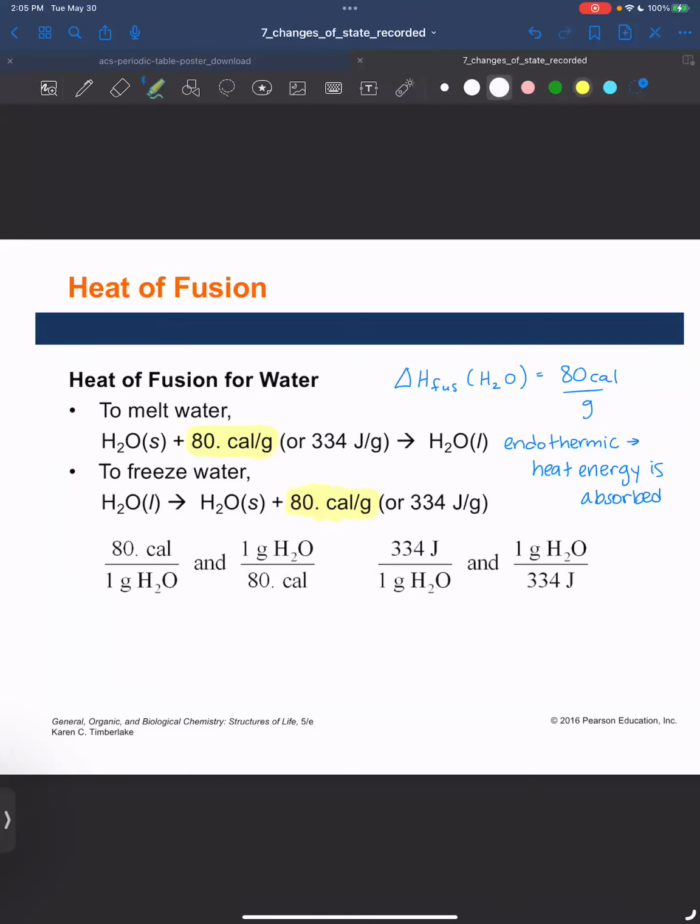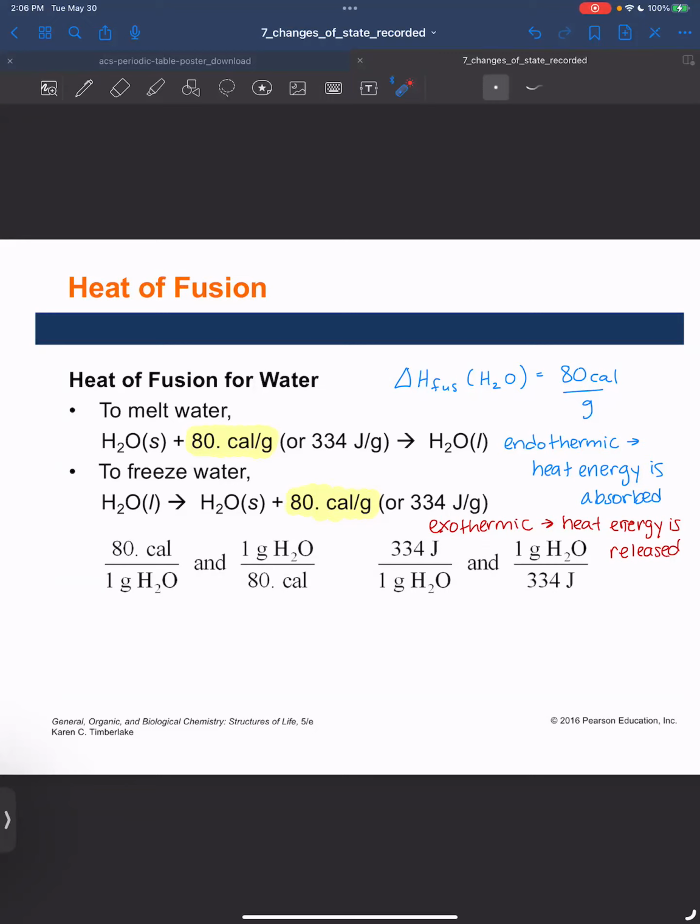So it's on what we call the product side of the arrow, on the right side. Notice how it's on the left side of this one. That's an endothermic process. But for this process, heat energy is released, so that is exothermic. So exothermic, heat energy is released.